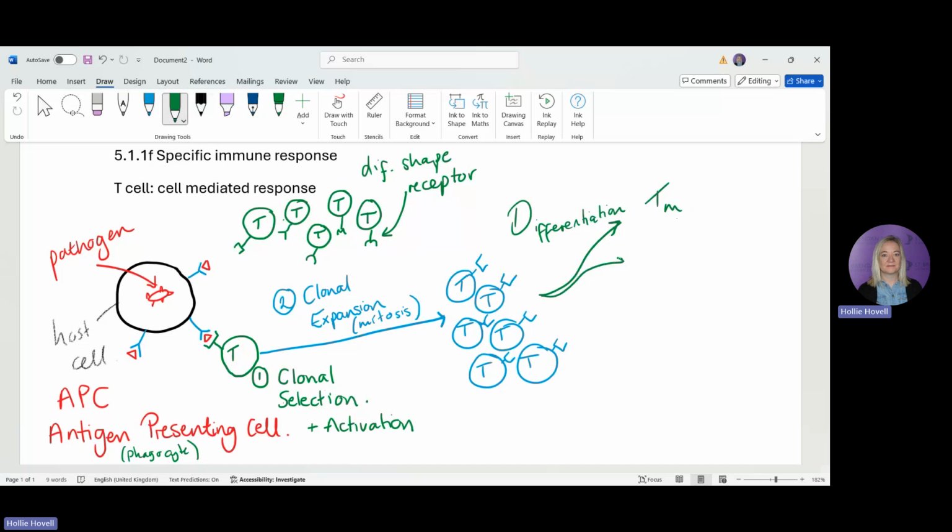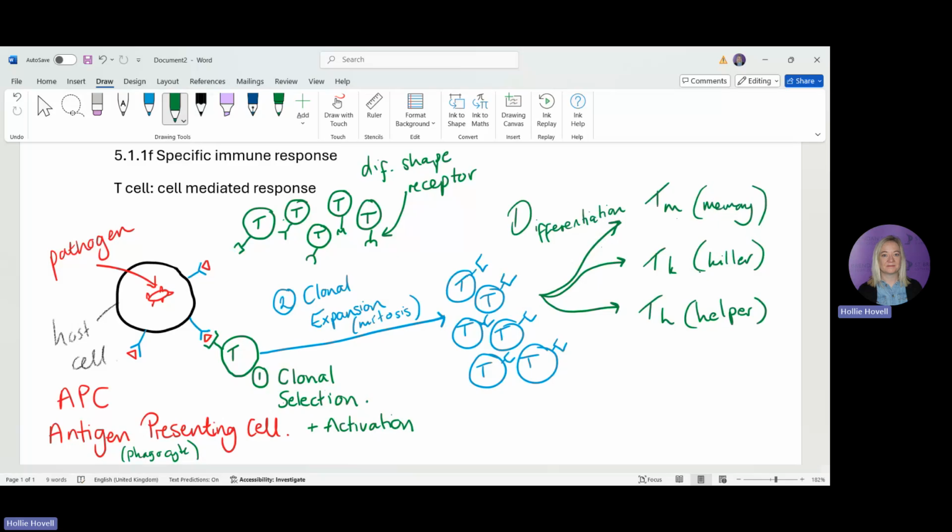Some of them will differentiate into T killer cells. So M for memory, T for killer. Okay, so they're going to become different types of T cells. And the last one is called a TH, which stands for a T helper cell. So differentiation makes different types of T cells.